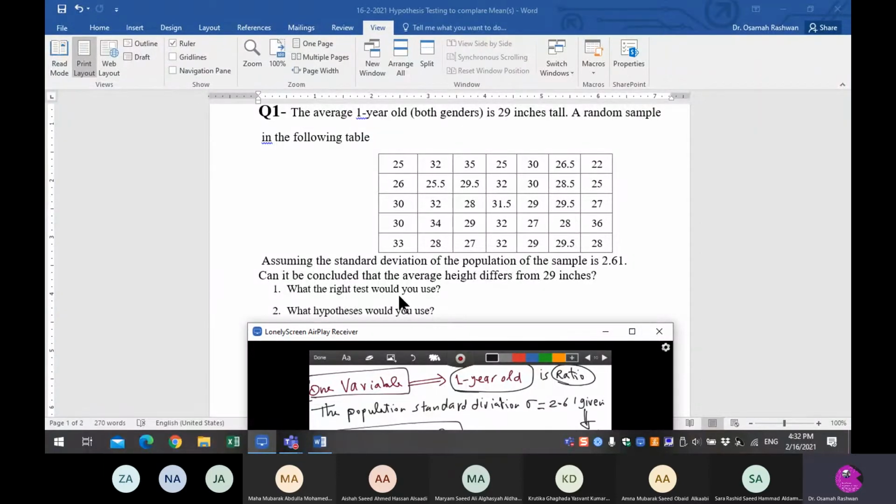But what is written here is the conjecture, which is the alternative hypothesis, right? This is the research question, what they call the alternative hypothesis. If you know the null hypothesis, what is the alternative hypothesis? The average is different from 29. What does different mean? It means not equal, right?